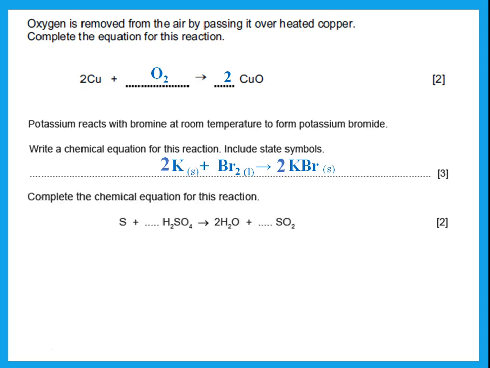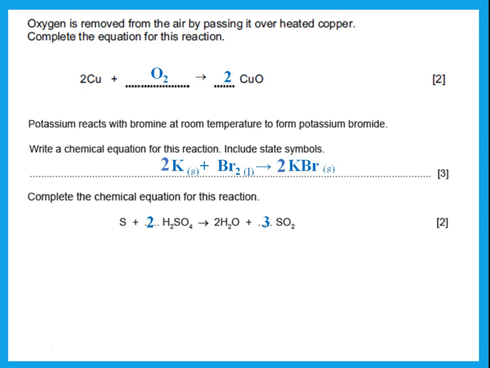Okay, complete the chemical equation for this reaction. So this is just balancing. Before the arrow I have how many S? I have 1 sulfur and another sulfur in the H2SO4, right? So I actually have 2 sulfurs before the arrow. So I need to put 2 before the sulfuric acid in order to balance the hydrogens.